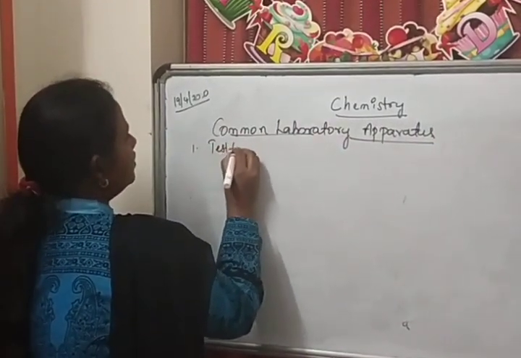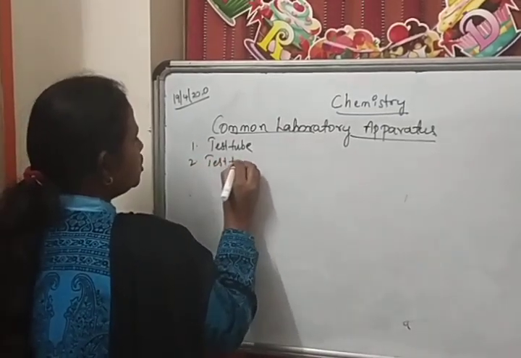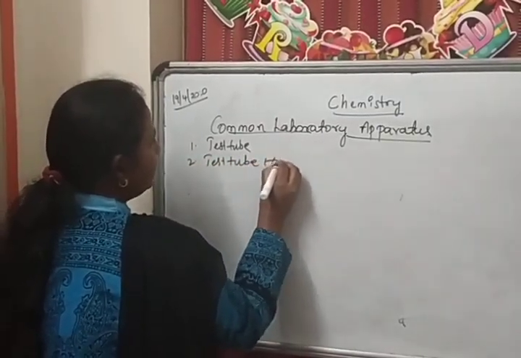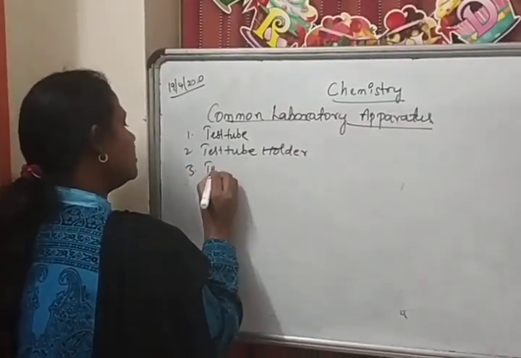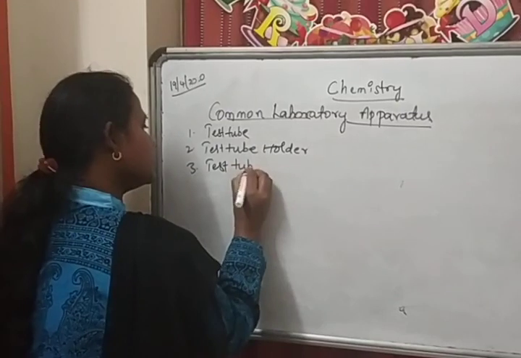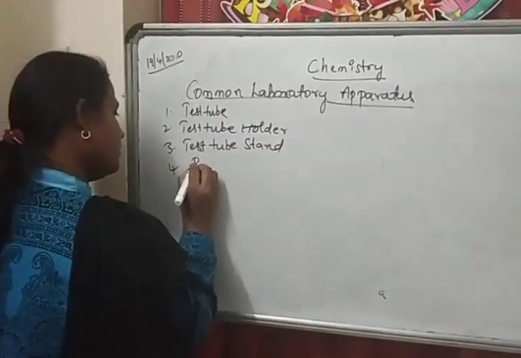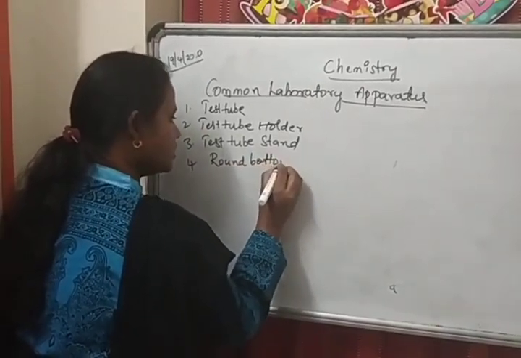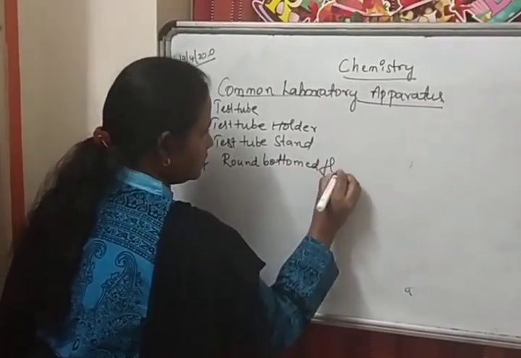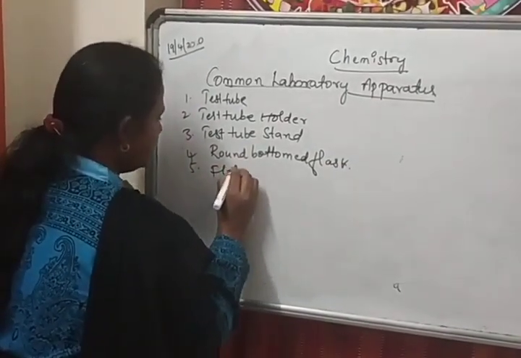First one, test tube. Second one, test tube holder. Third one, test tube stand. Fourth one, round bottom flask. Fifth one, flat bottom flask.